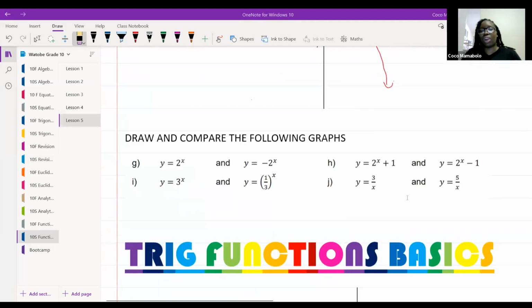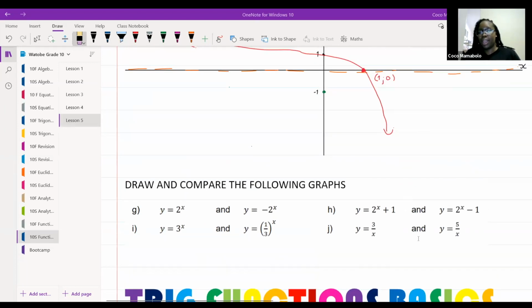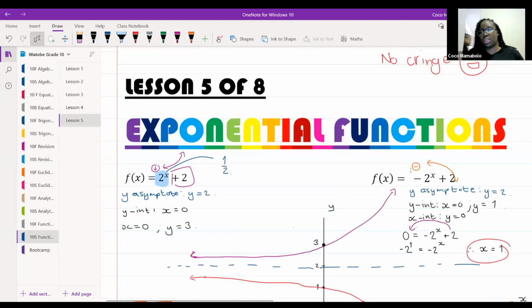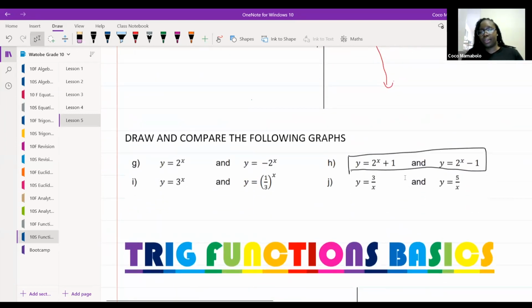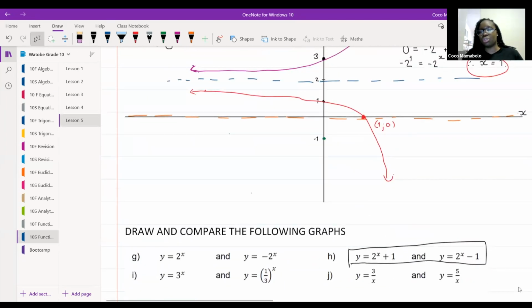I want us to try these 2 examples, guys. I want you to sketch the graph of y is equal to 2 to the power of x plus 1 and y is equal to 2 to the power of x minus 1. Remember the things that we need.